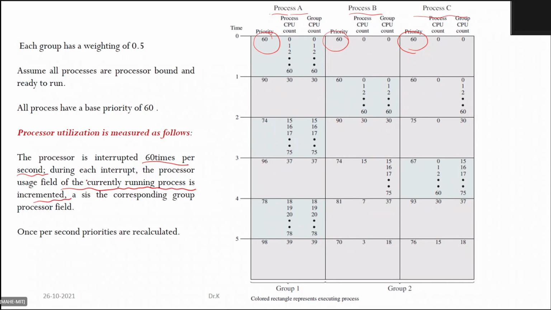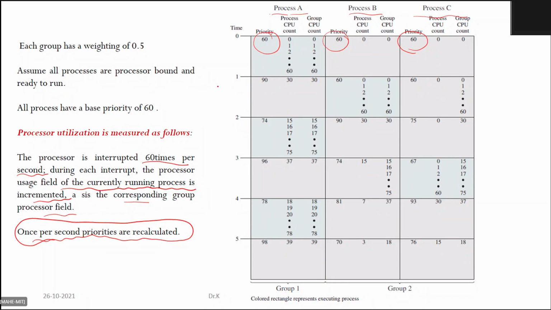Please note that whenever you interrupt, the usage field of the running process keeps incrementing, and simultaneously the corresponding group's field as well. Then every second you recalculate the priority.